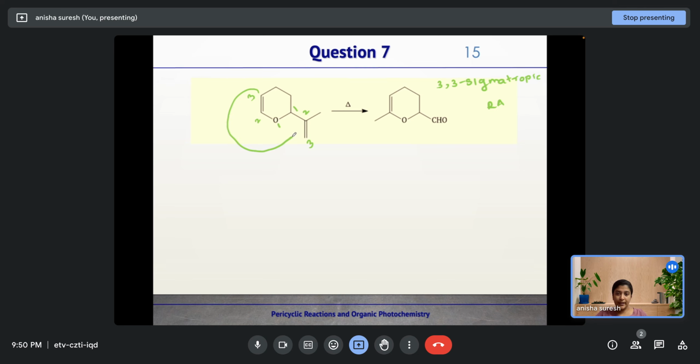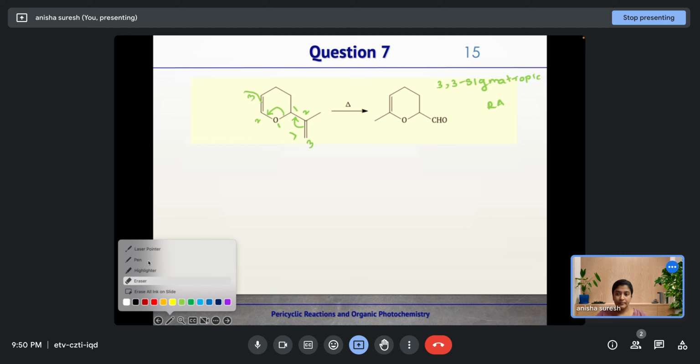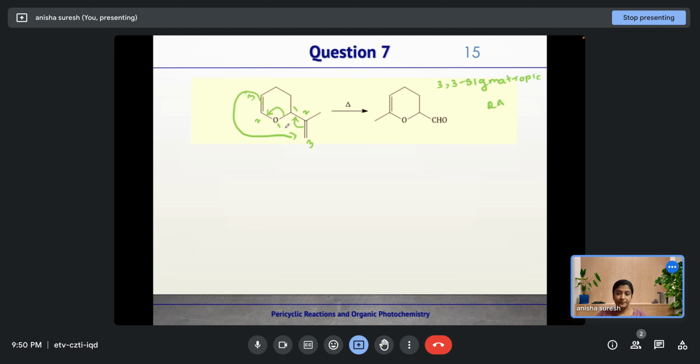So this will go and attack here, this will shift here, this bond will break. Okay, so what is happening?